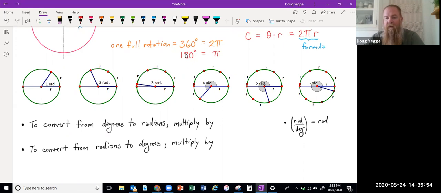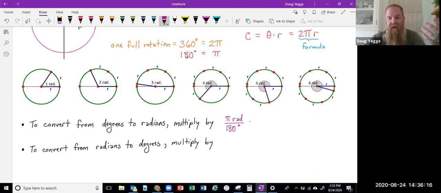So the way that we're going to do that is by simply multiplying by the conversion factor of converting from degrees to radians, which would give me pi radians divided by 180 degrees. So just be very careful to recognize that this is actually equal to 1.